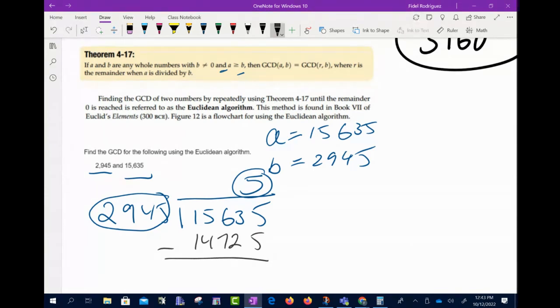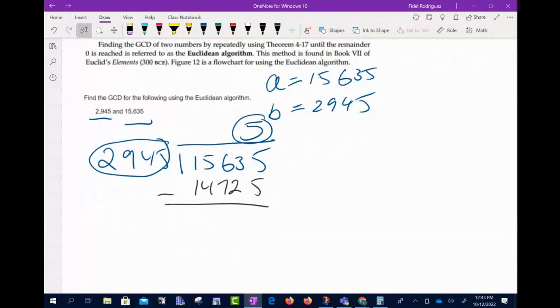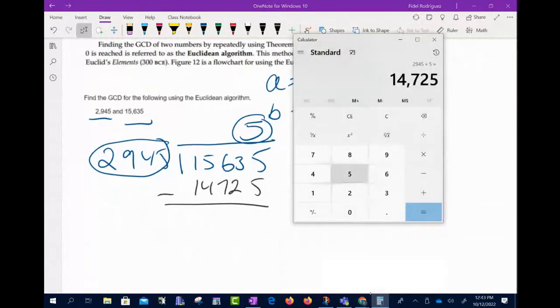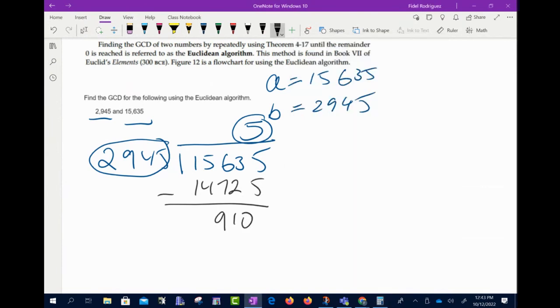And if you remember what we would do now, we would subtract, okay? So look, let's go ahead and do that. Let's take 15,635 minus 14,725. And I'm coming up with 910, okay?